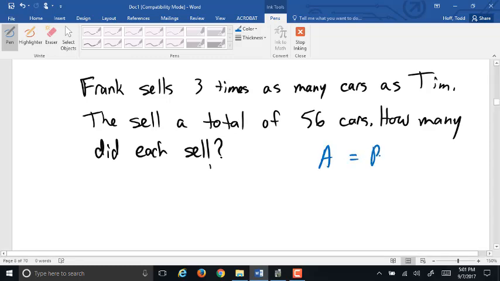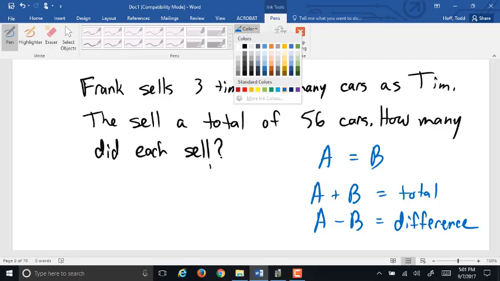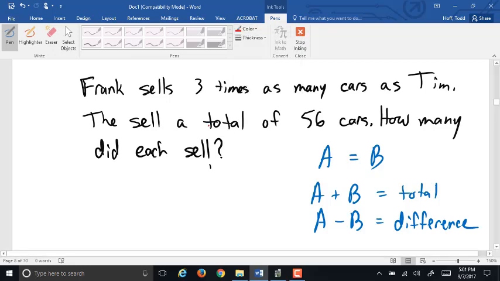Either we have one item is equal to another, we have the 2 items add up to give us a total, or the 2 items subtract to give us a difference. In this case, we have a key word here, total.